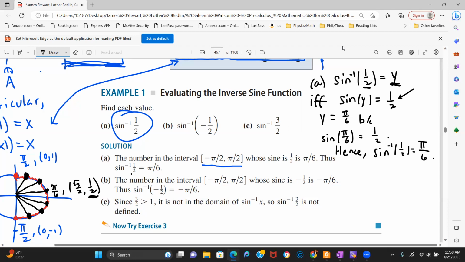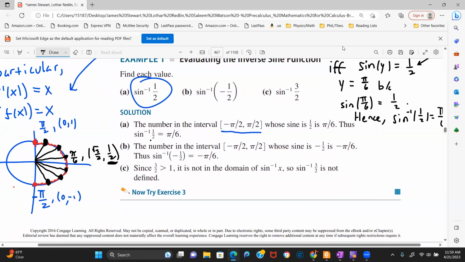So for B, we want to do sine inverse of negative 1/2. You can probably figure out what that's going to be based on this calculation here. Where do we get negative 1/2?